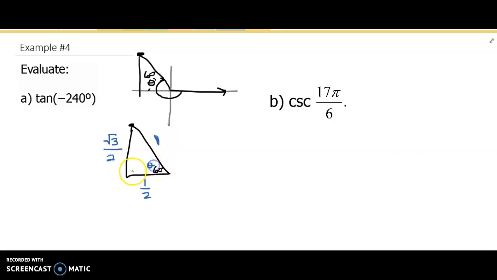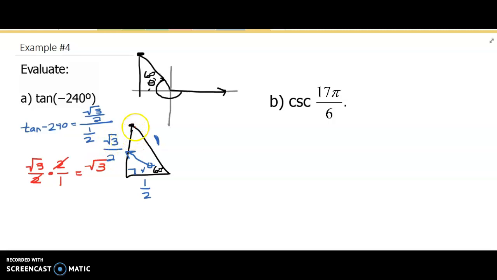Here's my reference angle. The tangent, remember, is opposite over adjacent. So tangent of negative 240 is going to be square root of 3 over 2 over 1/2. If we simplify this, remember when you divide by a fraction, it's the same as multiplying by the reciprocal. So this is just square root of 3.